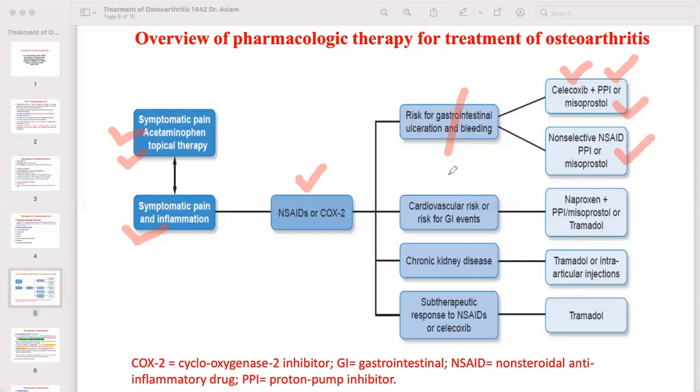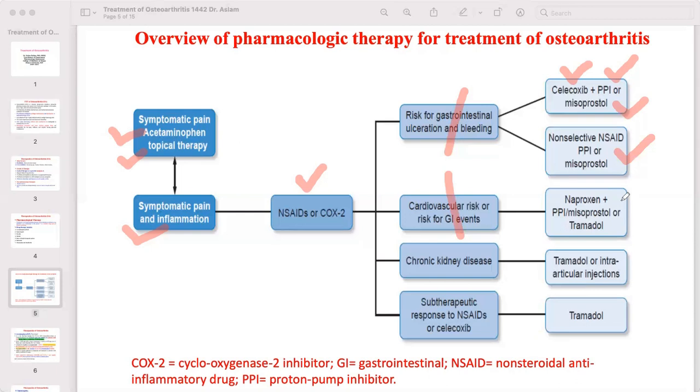Same, if the patient has cardiovascular risk or risk for gastrointestinal event, then naproxen. Naproxen is also a non-steroidal anti-inflammatory drug. We cannot say naproxen is safe in the cardiovascular risk patient.